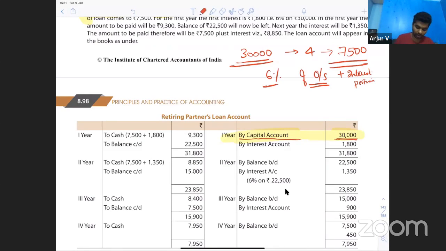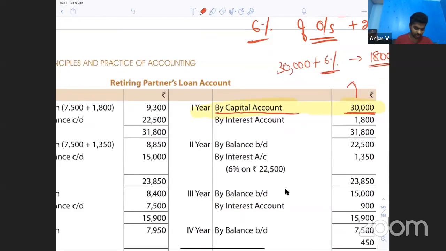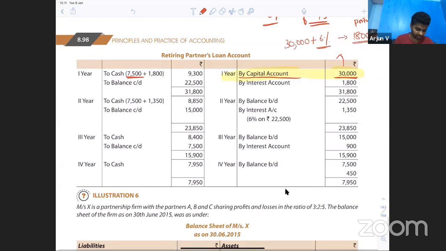Clear? Along with this, in the first year, what is the interest of 6% on 30,000? The 6% interest on 30,000 comes to 1,800. In year 1, he will be paying 7,500 and 1,800. Are you clear how I got the amount?